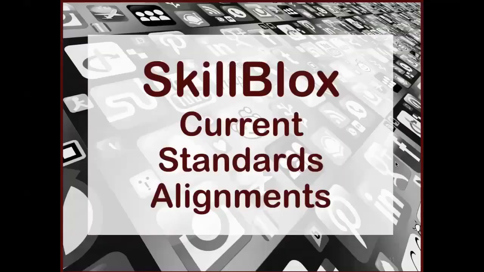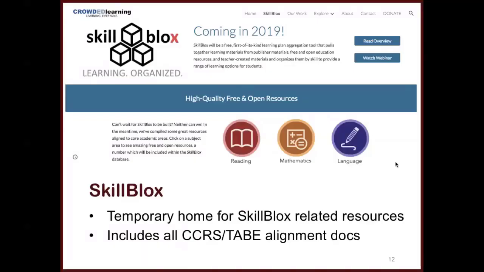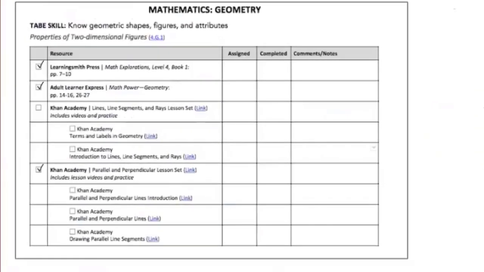All right. So last week we got into the technology that Crowded Learning is looking to build. Right now on our site we have alignments, but what we're really looking to build is a platform that allows some automation for folks to take resources that they are interested in using, pick a specific skill or topic they teach, and find the resources that align.